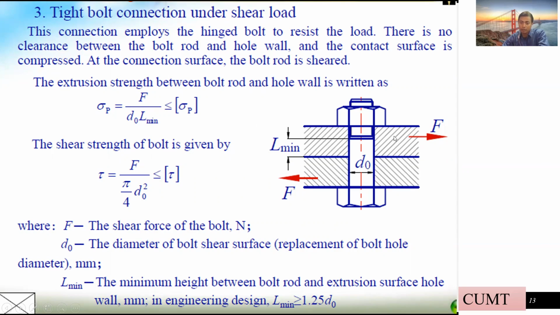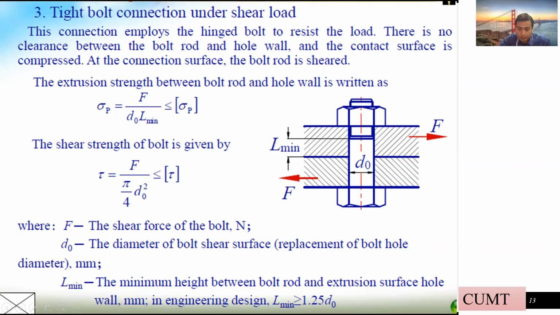The action lines of the force are in opposite directions, but they are parallel, with some offset, or you could say they share a distance between the action lines of the force.